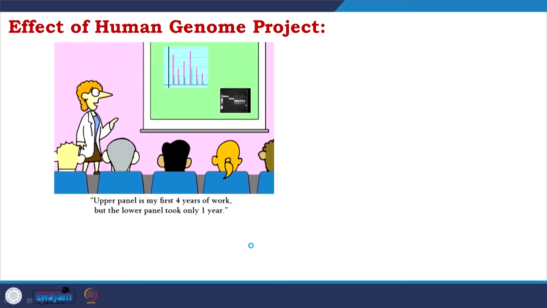So the effect of the Human Genome Project: before it started, DNA sequencing was very slow. Look at the PhD student saying, the upper panel is my 4 years of work, only these graphs he had got in 4 years, and that was the scenario when people worked in gene sequencing.